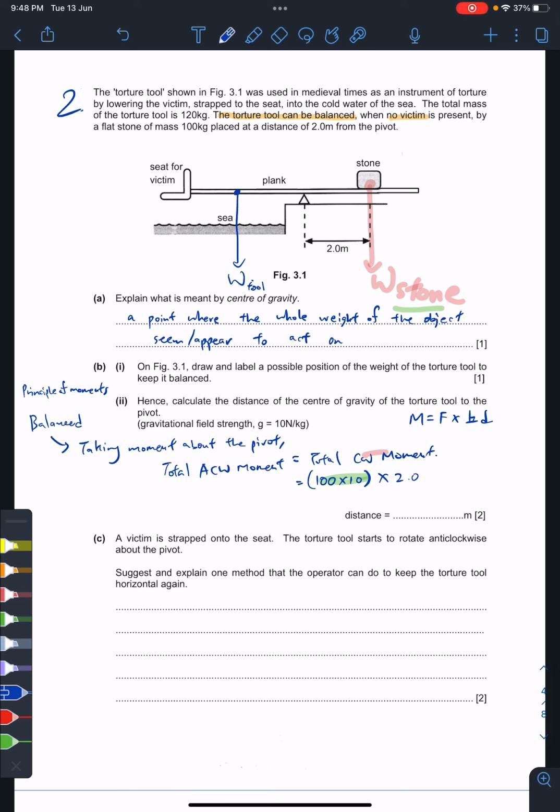The anti-clockwise moment, you will get the distance. I don't know what the distance is, that's what we're trying to find, times 120 kg times 10, which is the weight of the tool. So D would be equivalent to 1.67 meter, which is approximately 1.7 meter to 2SF. Yay, cool.